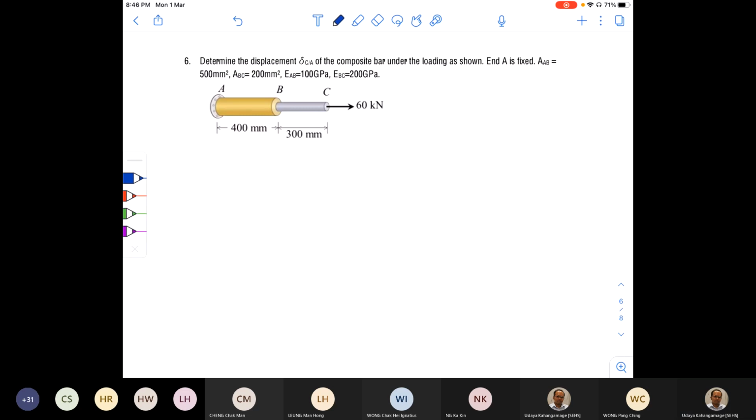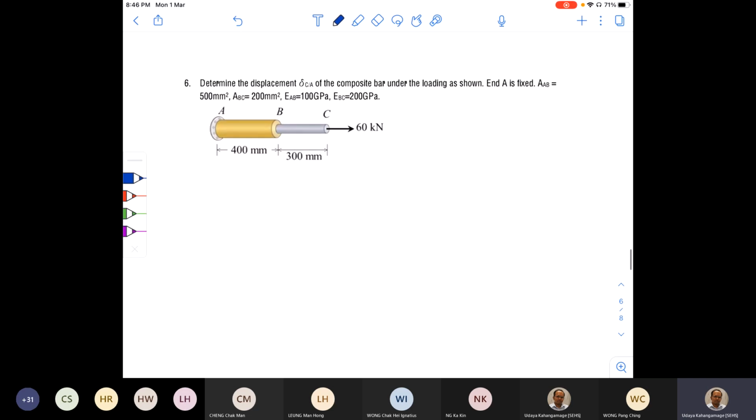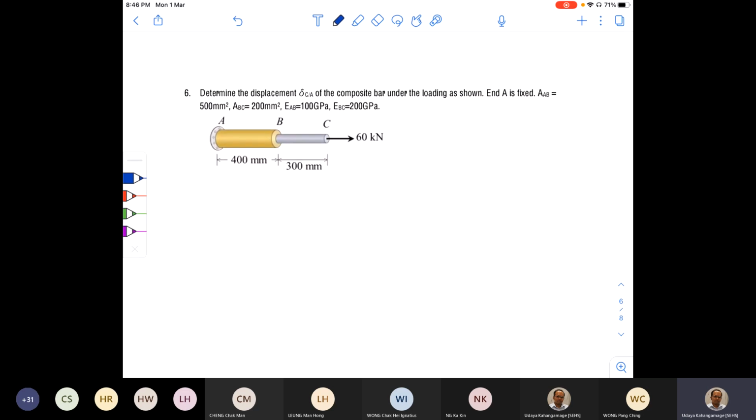Okay, so we'll read the question first. It says, determine the displacement delta CA of the composite bar under the loading as shown. So this is a composite bar. So what do you mean by this delta CA here? Do you understand it?